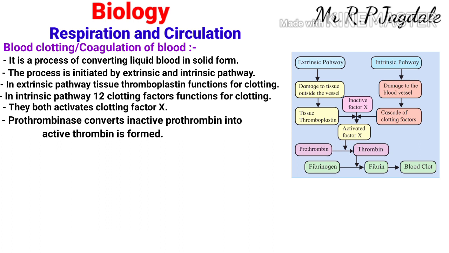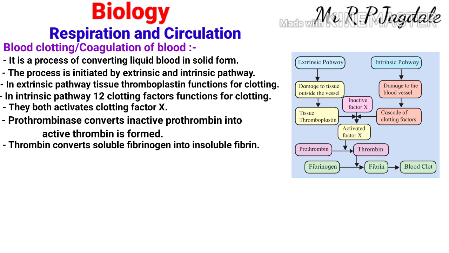Now, what does this thrombin do? This thrombin converts soluble fibrinogen into insoluble fibrin. You can see in the diagram, thrombin is formed from prothrombin, and this thrombin converts fibrinogen into fibrin.